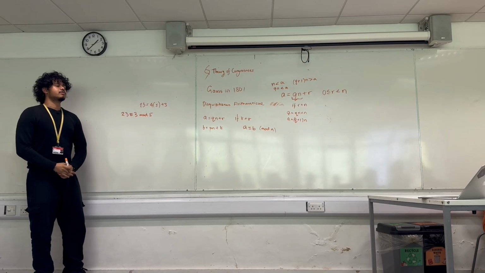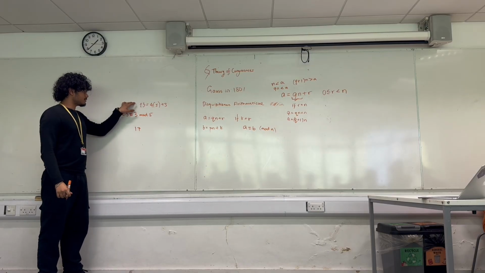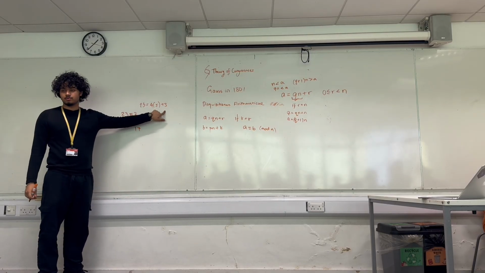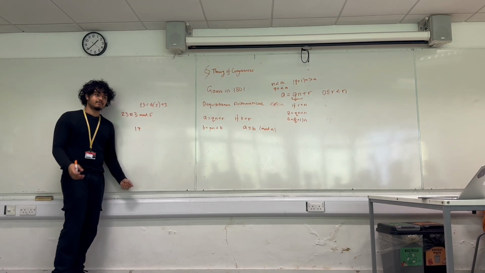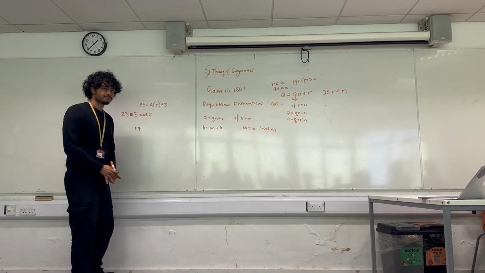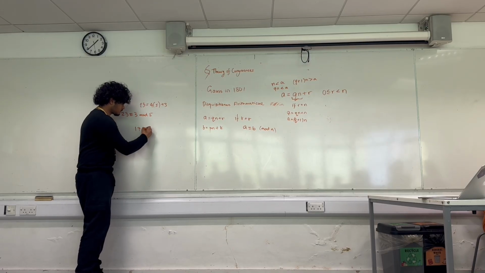So I can say it's congruent to 3 mod 5. Now, I'm going to choose a different number, 17. By writing it like the division algorithm way, and then using the congruence, can somebody tell me how to write 17 modulo 5? You write it as 3 times 5 plus 2.